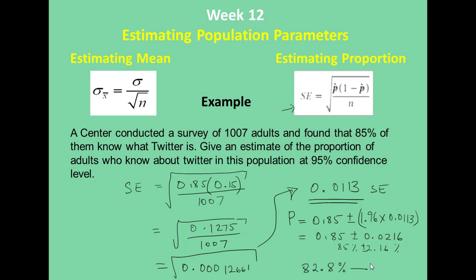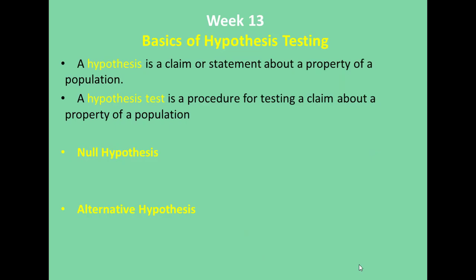The upper limit is 85 plus 2.16%, which is 87.2%. So the true population proportion lies somewhere between 82.8 and 87.2.